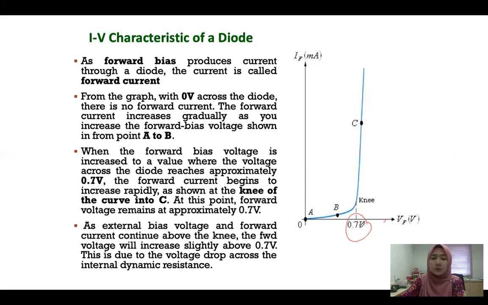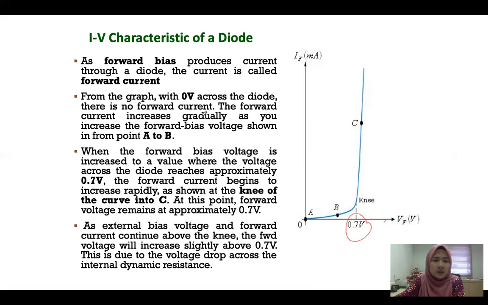For example, we use silicon, so the knee voltage here is 0.7. As forward bias produces current through a diode, the current is called forward current. From the graph, with 0 volt across the diode, there is no forward current. The forward current increases gradually as you increase the forward bias voltage, shown from point A to point B.